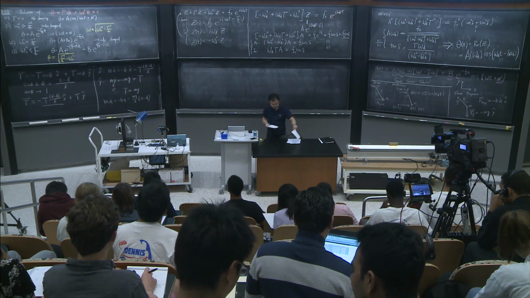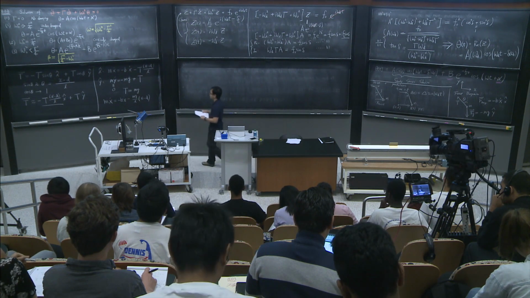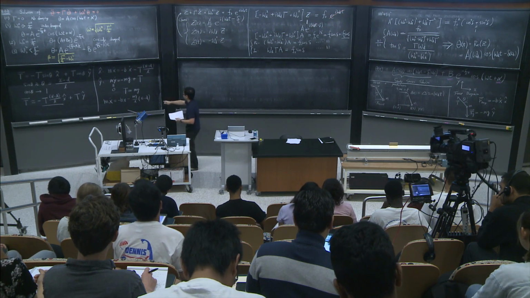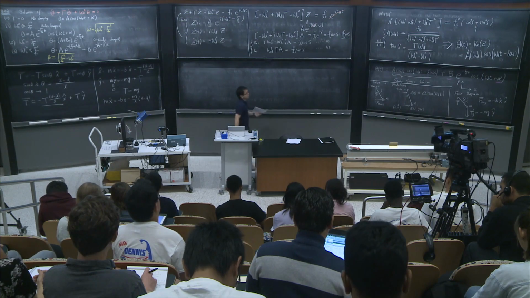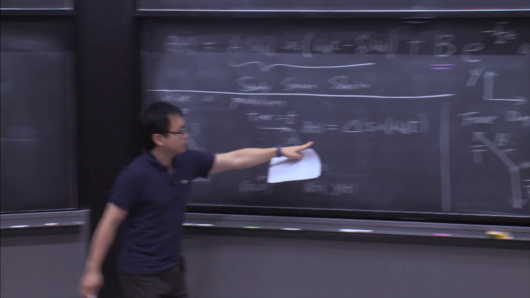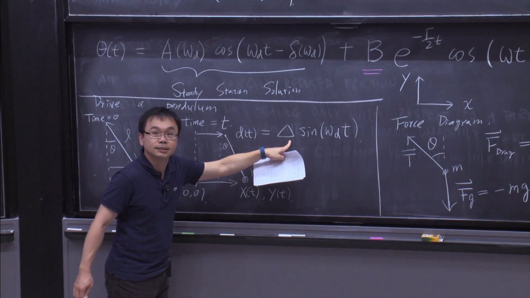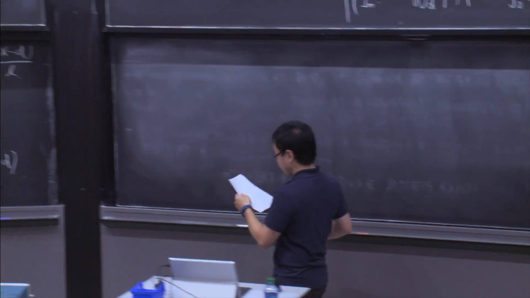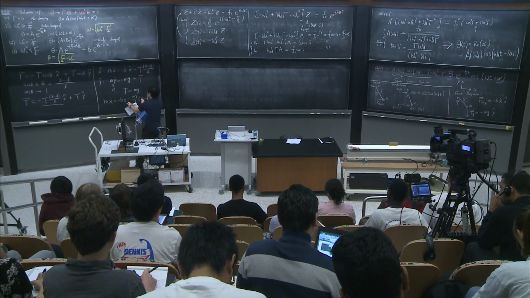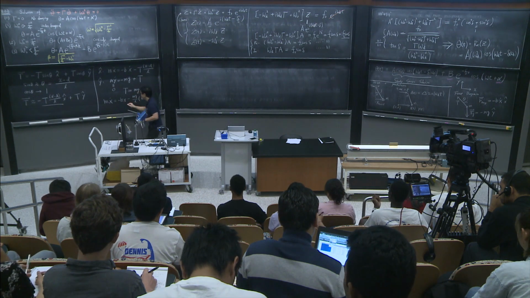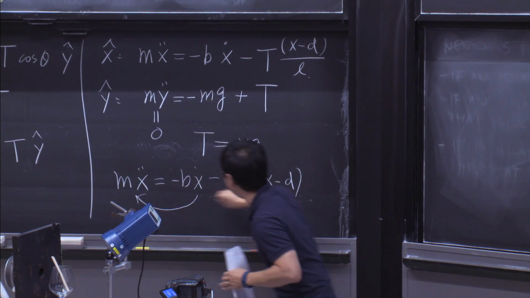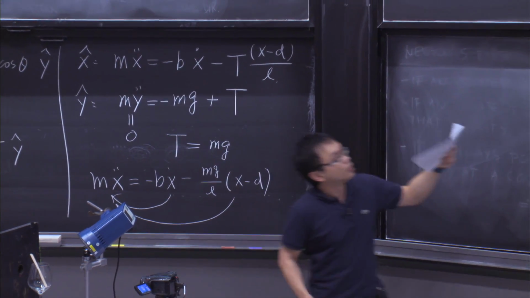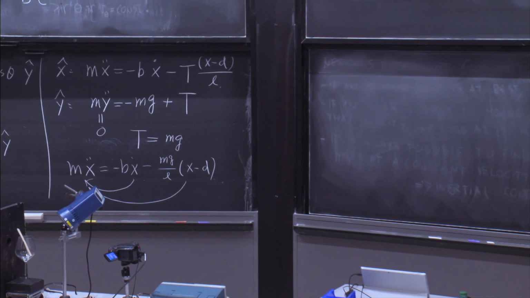And I just have to really write down the d function explicitly. What is d? d is just, as a reminder, delta sine omega_d t, right? So I will plug that into that equation. And also I will bring all the terms related to x to the left-hand side, just to match my convention.